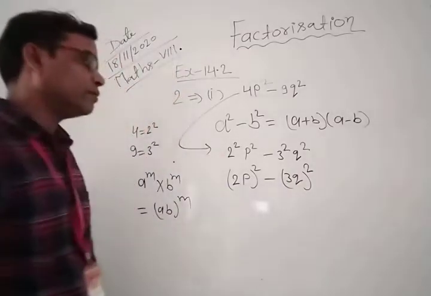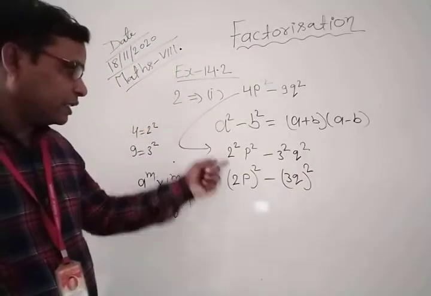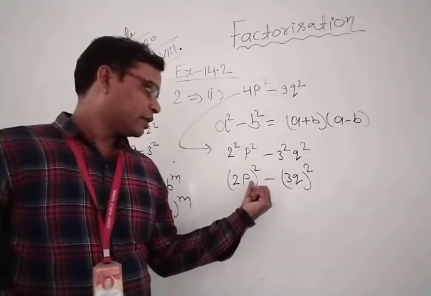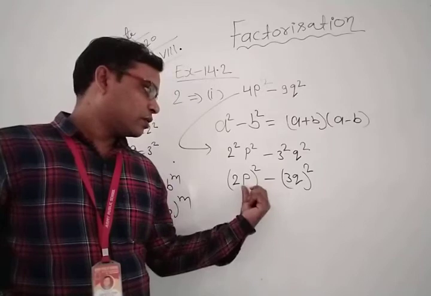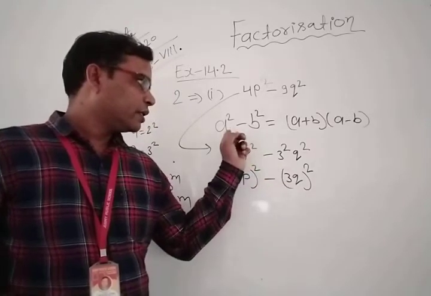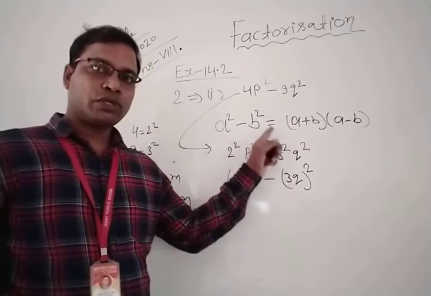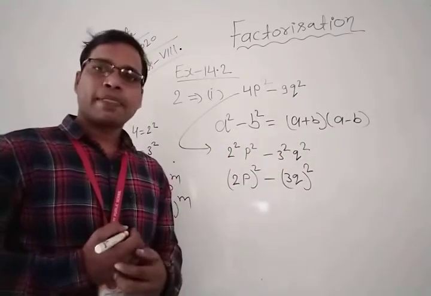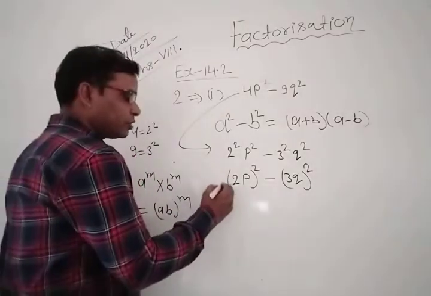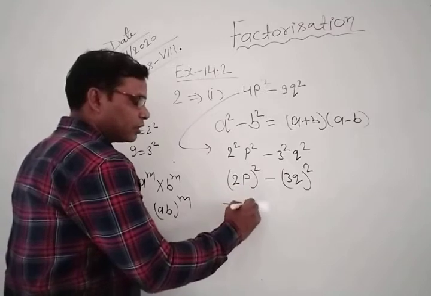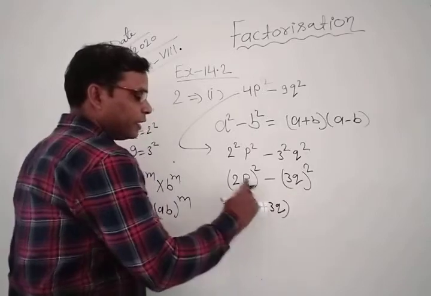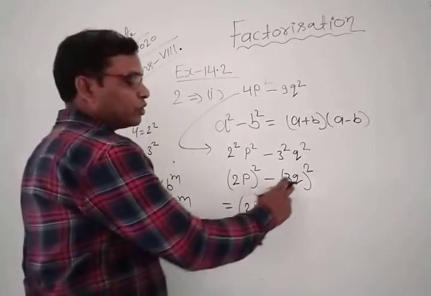Now you can see this is also the difference of two squares: whole square of 2p minus whole square of 3q. This is the form of a square minus b square, which is equal to a plus b into a minus b. Here a is equal to 2p and b is equal to 3q.